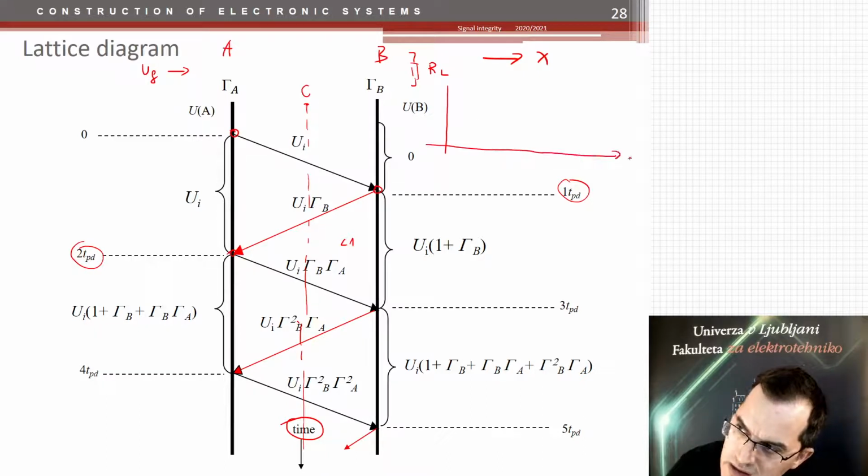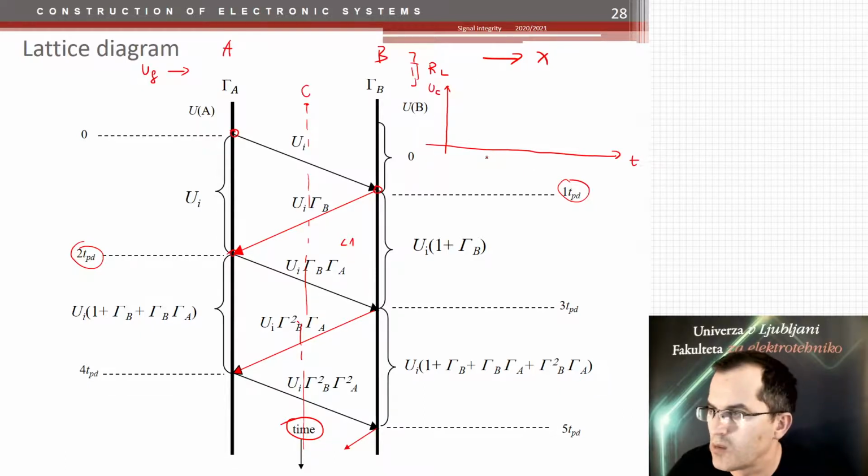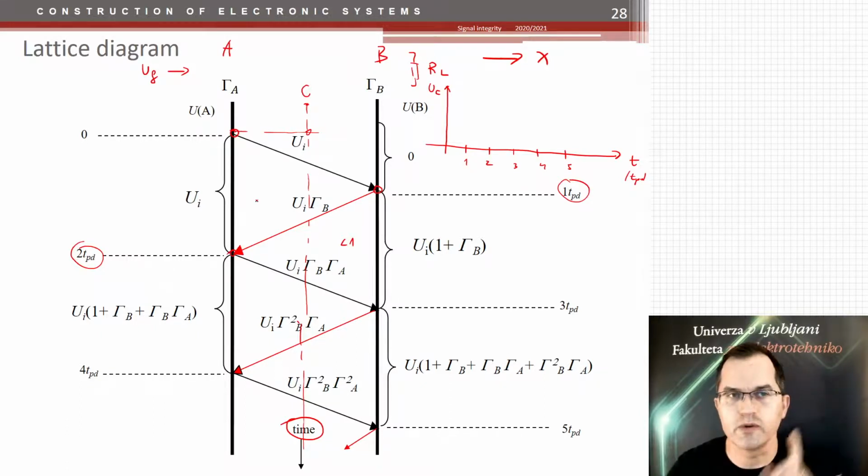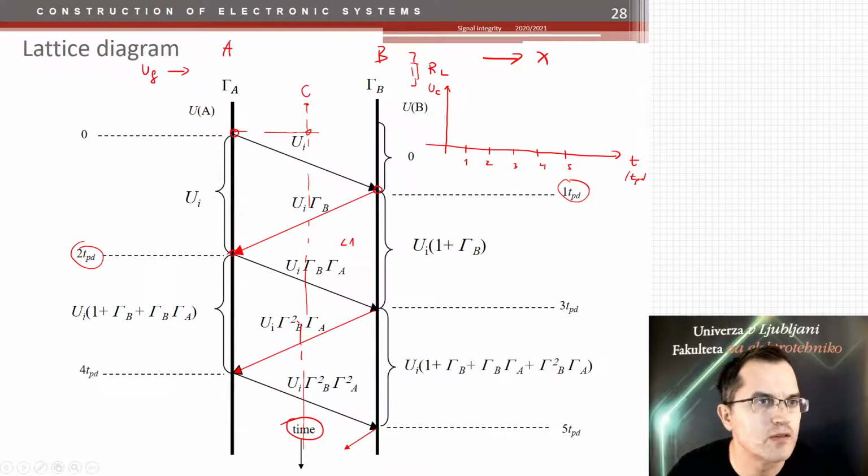We'll draw the signal, the voltage on the point C, and we will go up to 5 TPDs. So 1, 2, 3, 4, 5 time in TPDs. So let's start. Initially, there is only one rule you should remember, and that rule is really, really important. So I will actually draw it here.